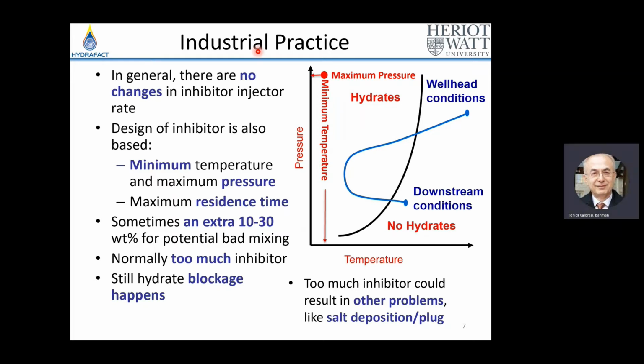That would be somewhere here, while the pipeline condition is here. So we over-design the inhibitor. And during production, as we said, the pressure can drop, but they don't change the inhibitor injection rate.